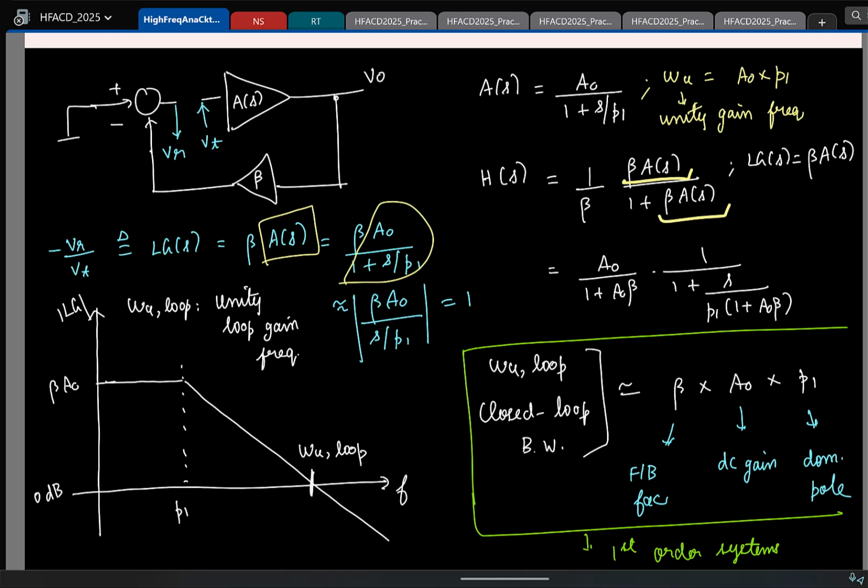I'll be using this notation consistently. When I say I'm talking about unity gain frequency, it is just for the forward amplifier. And now when I use this amplifier in a negative feedback loop with the feedback factor beta, the unity loop gain frequency is beta times the omega u.